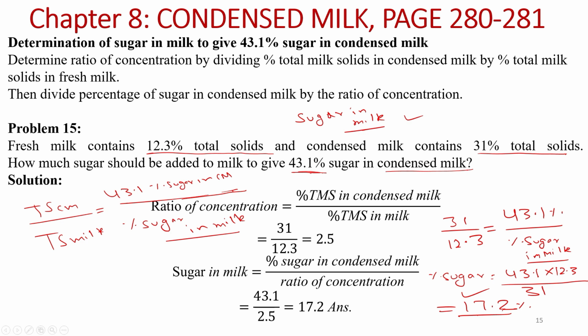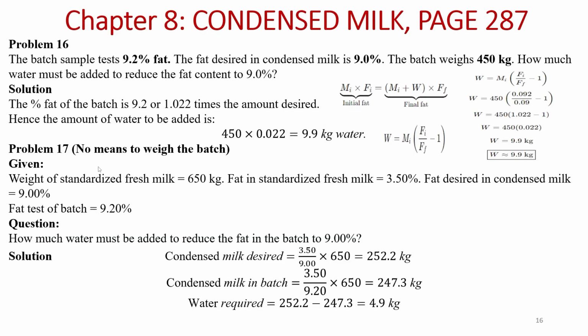Okay. So we have now solved 3 numericals on sugar ratio which are there in chapter 8, condensed milk, page number 280 to 81. Now let us see 2 numericals on adjusting the fat percentage, the desired fat percentage in the condensed milk.